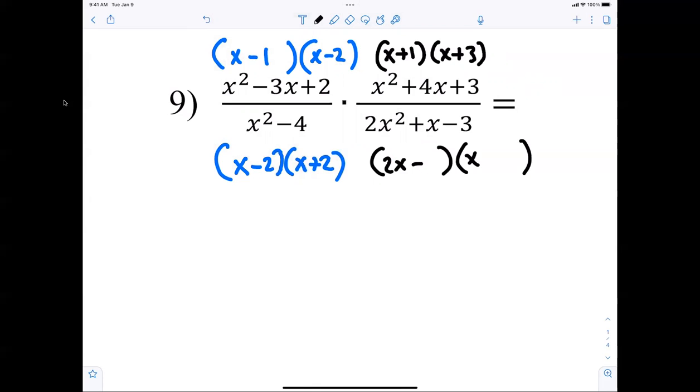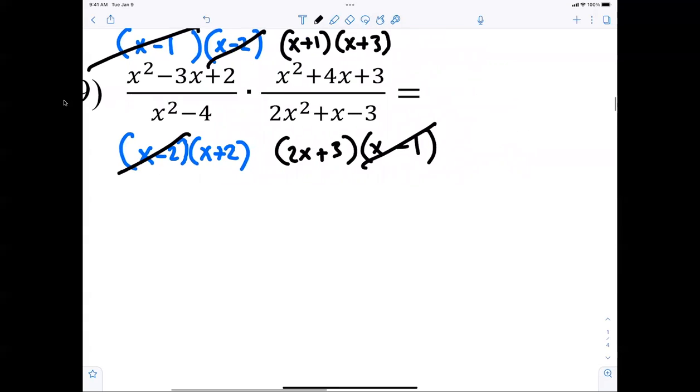Be careful. Is everybody with me on that? So now we've got to cross things out. x minus 2, x minus 2, x minus 1, x minus 1. Is that it? Yeah, so that's the only thing that cancels.